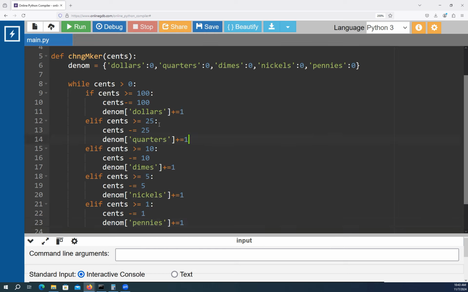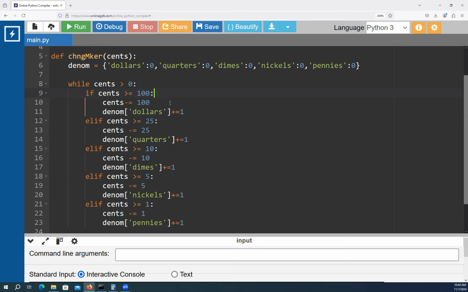All right, let's check it out. When it comes in here, it's going to get the largest denomination first, since we've got them in descending order. So if the amount of cents is greater than or equal to 100, it's going to grab this. Really the mechanism of the loop creates the greedy algorithm: if you have the highest denominations first, with the if and the elif, it's going to choose the first one that's true and leave all the rest.